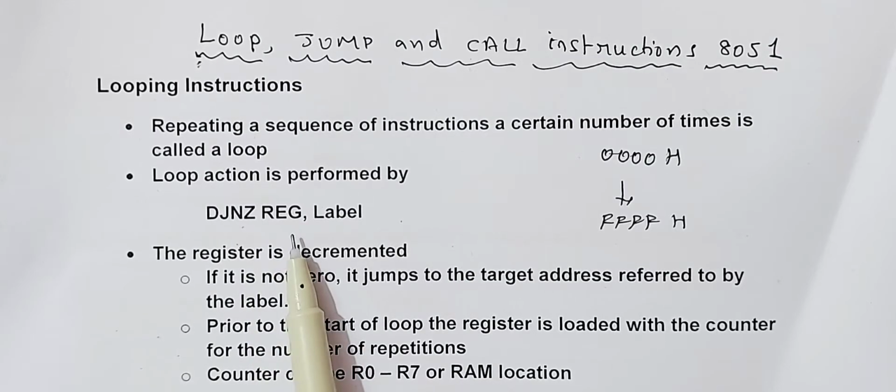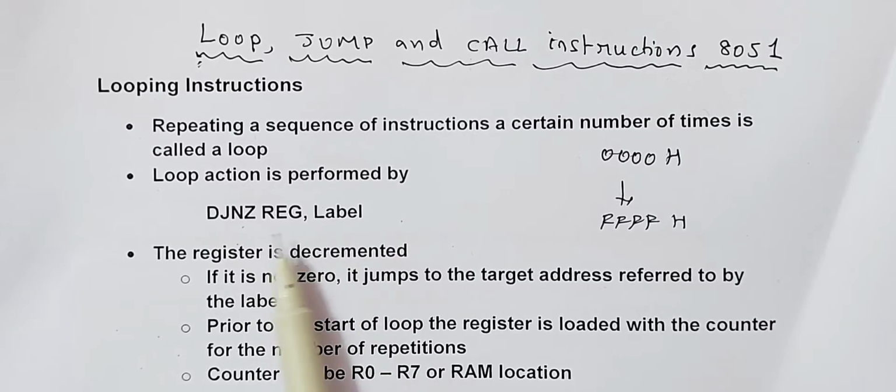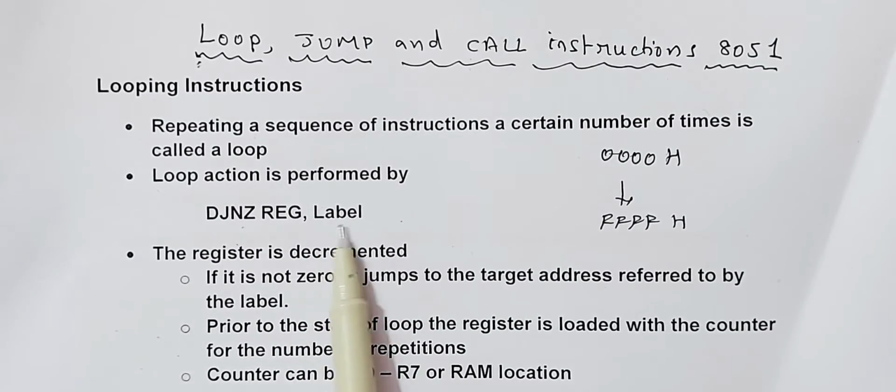Therefore, the destination is either a working register R0 to R7, or it may sometimes be a RAM address from 30H to 7FH. Whereas the source is always a label. What is this label? The instruction is specified by the label. Then this label gives you the particular address of the program counter.